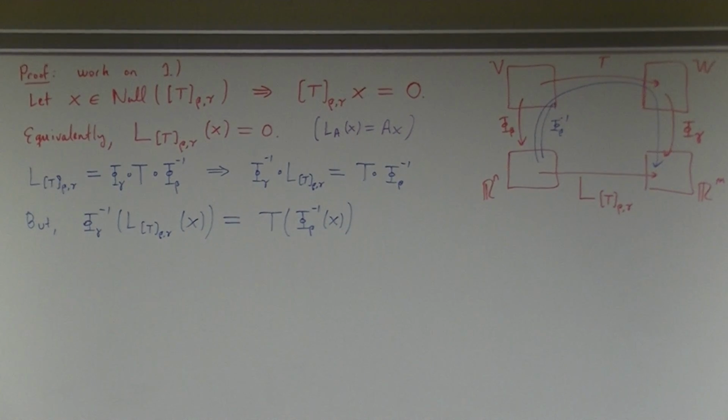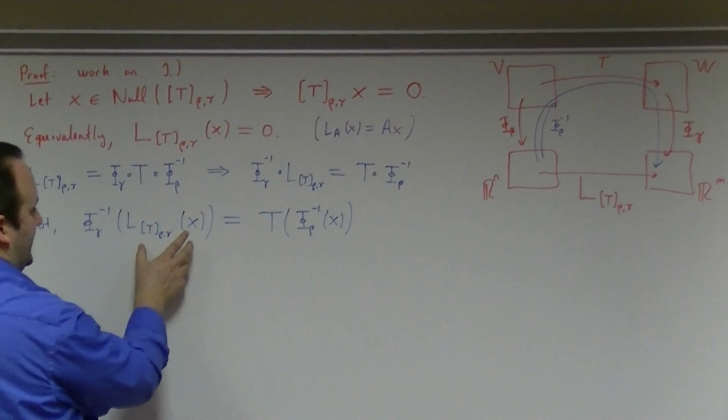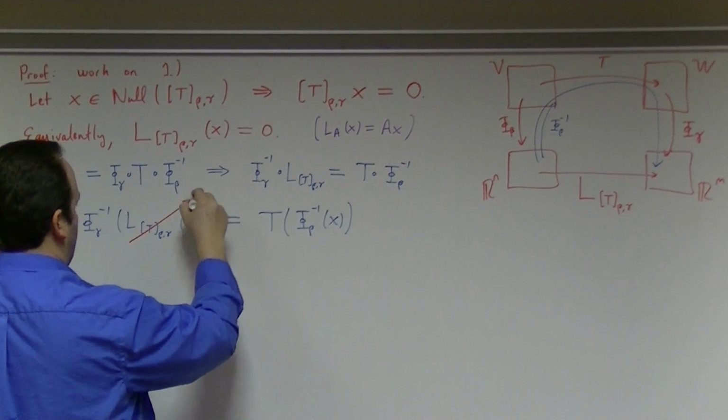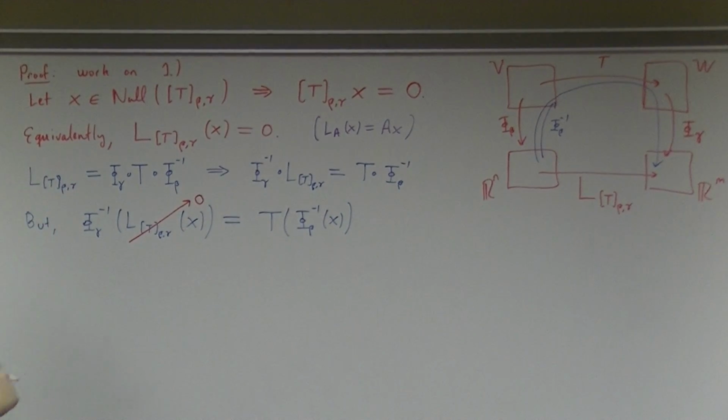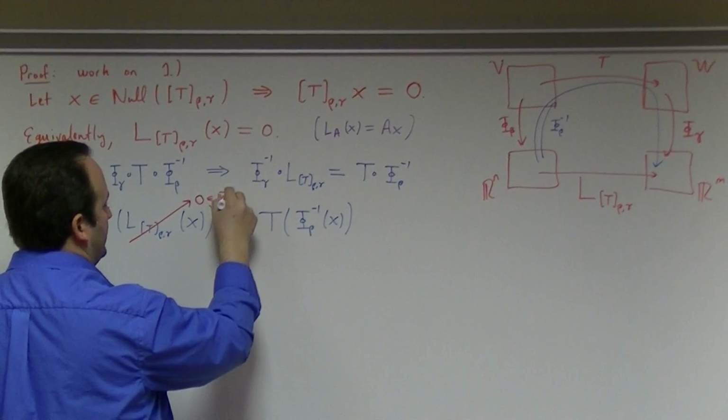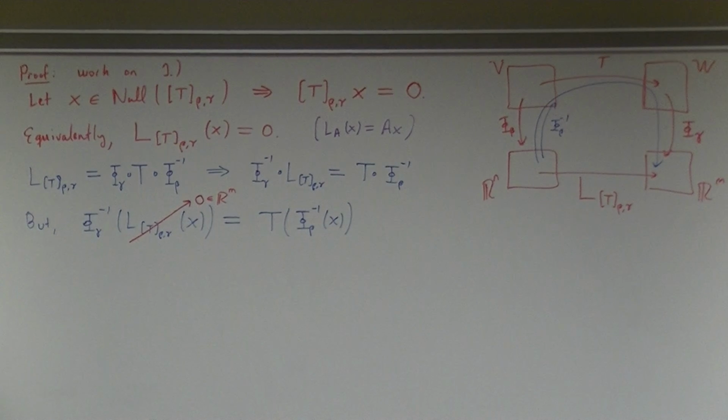Now this x, what did we know about it? It's in the null space, so on the left-hand side, this whole thing is 0, right? As in 0 in where? Just to keep track of things, in Rm.